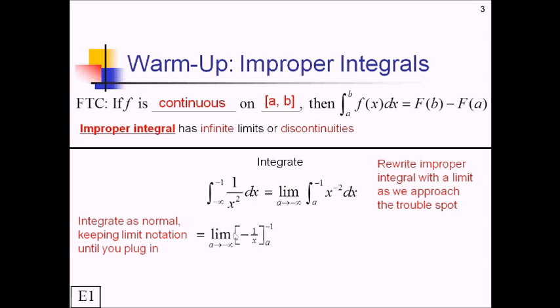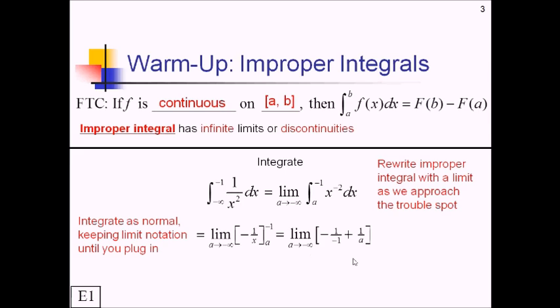And again, I'm keeping my limit notation until I actually take the limit and plug something in for a. So expanding this now, I've got negative 1 over negative 1 minus, or actually it's going to be plus, because we're subtracting this negative thing here, so plus 1 over a. Again, the limit is still sticking around.